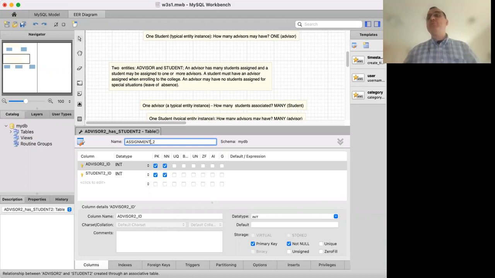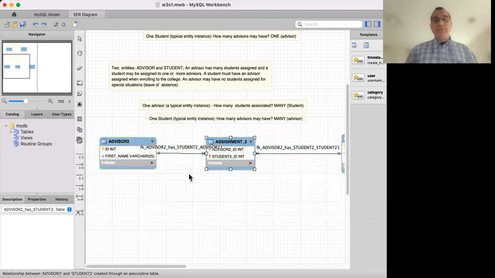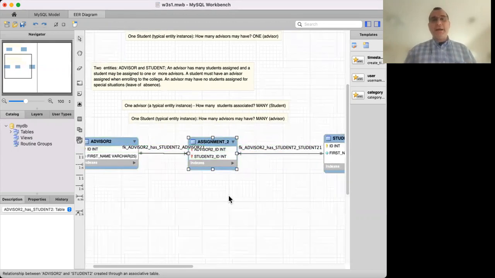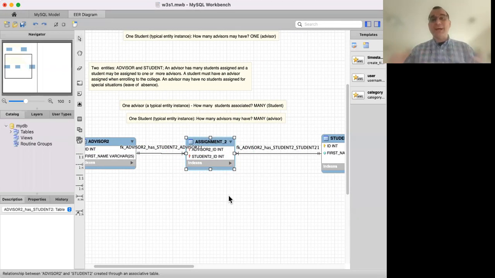If I have much more stuff in it, I can make it much clearer, saying, for instance, advising assignment. But as you can see, I can still give a good name to this relationship, not just put the two initial names that the relationship was created with automatically. So I have advisor, student, and now I have the assignment between them as a different entity.